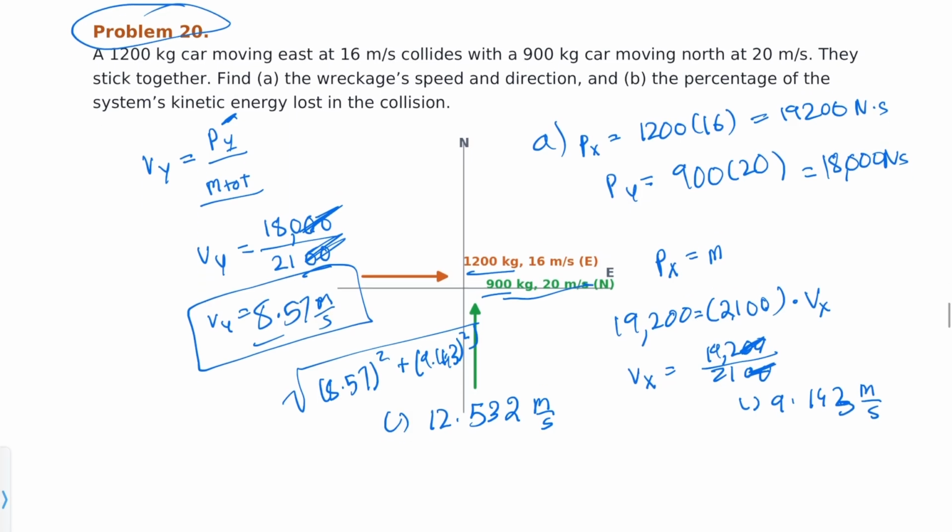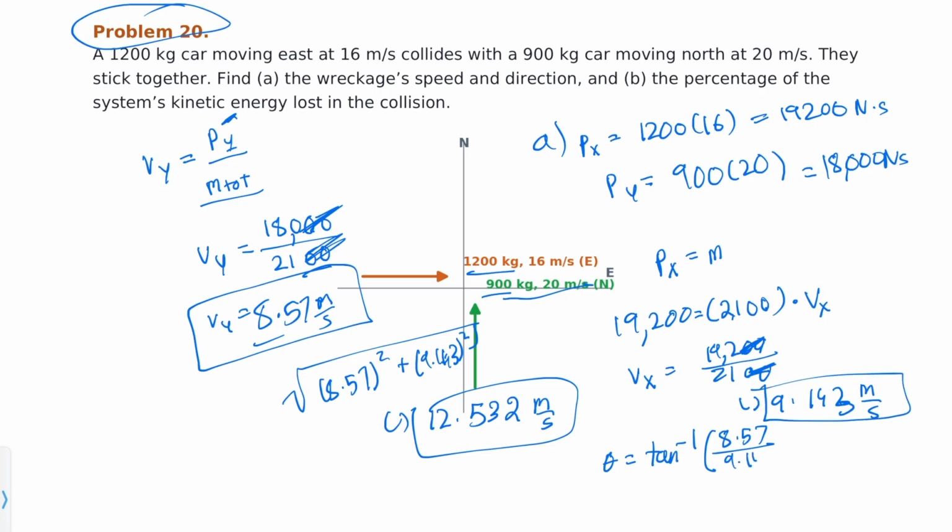And our direction here is theta equal to arctangent of velocity y, which is 8.57, divided by velocity x, which is, I didn't highlight it, so I'm having a bit of trouble, yeah, 9.143. Or approximately, let's see, arctangent of 8.57 divided by 9.143, so approximately 43.147 degrees.